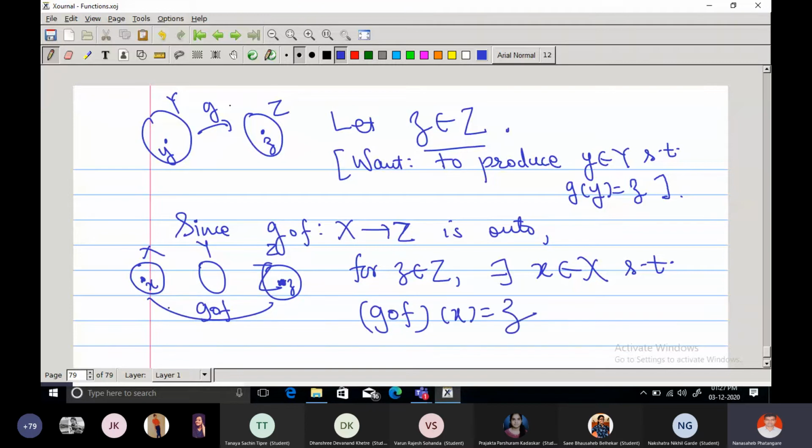Since G composite F is onto, certainly there is a preimage under G composite F which is in X. But our main interest is to produce a preimage of z in Y.